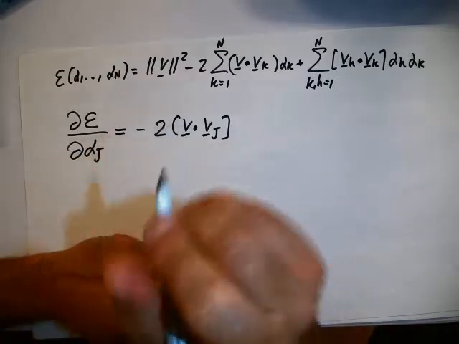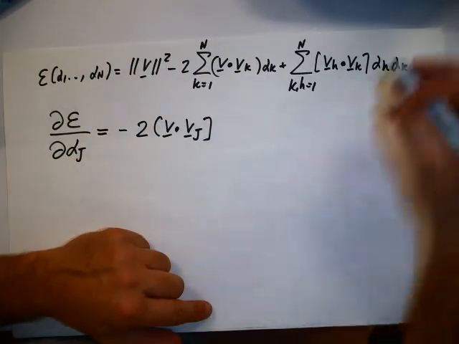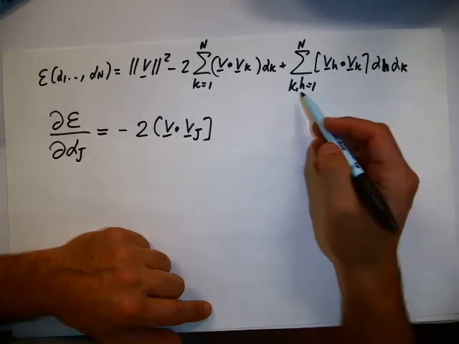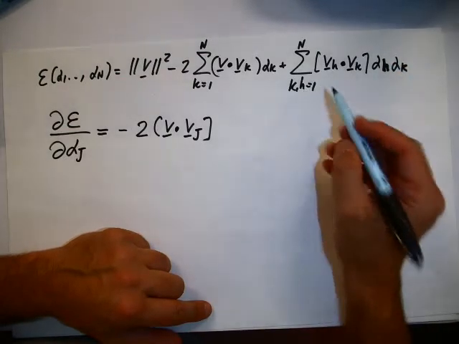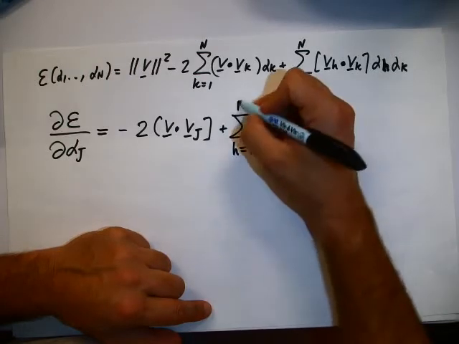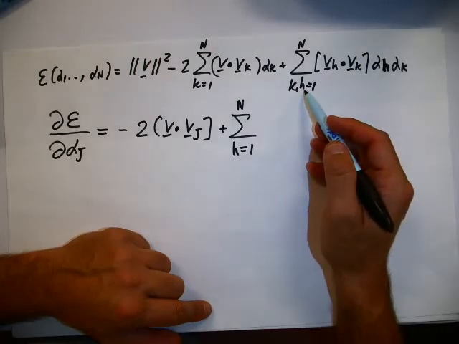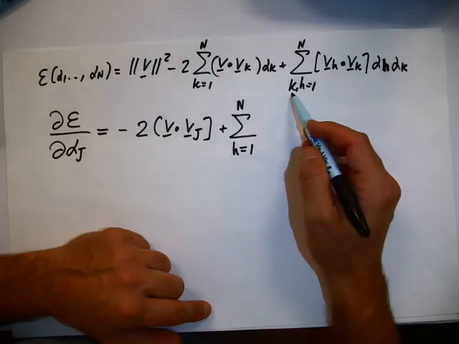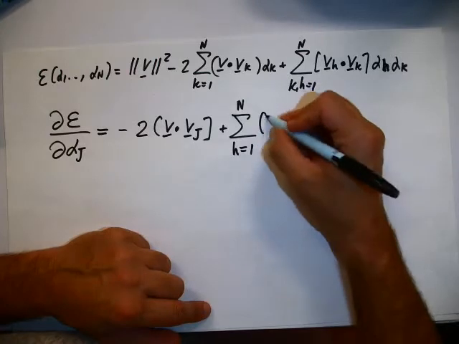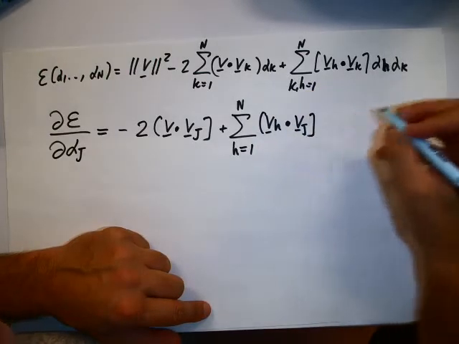Here I have a double sum, so I have to be careful. I first fix h, so I have plus the sum from h equal 1 to n, and I have h terms, but then among the k terms I only pick the j term, so I'm going to have v_h dotted with v_j times alpha_h.